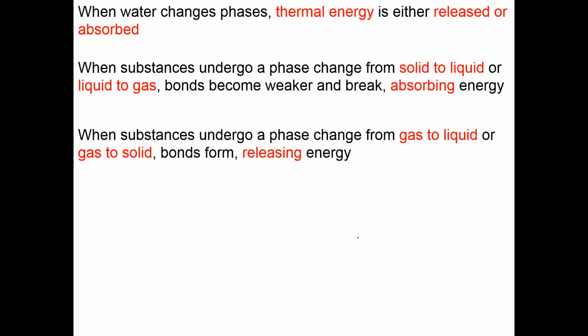When water changes phases, energy is either released or absorbed. You can probably have a guess which one is which. Yes, when it's becoming liquid, when it's melting, or when it's evaporating, when it's becoming less dense, you absorb energy. You heat the water up to evaporate it. You heat the ice up to melt it.